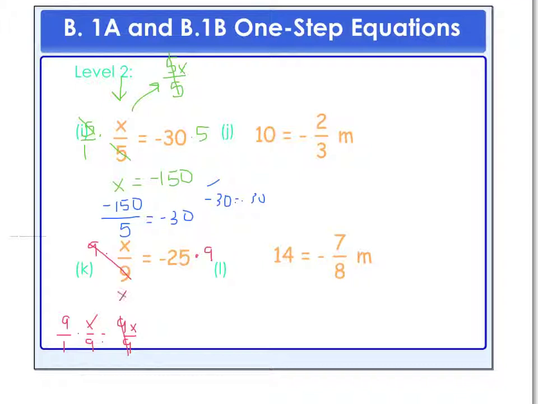So we're just left with x equaling, we've got negative 25 times 9, we get negative 225. To check over our work, we'll do negative 225 divided by 9. And when we do that, we get negative 25. So we know we have the right answer.